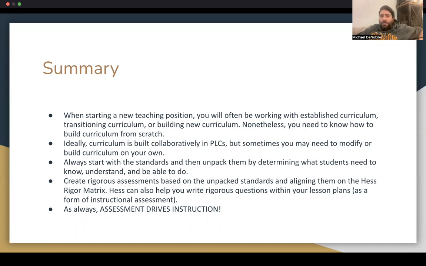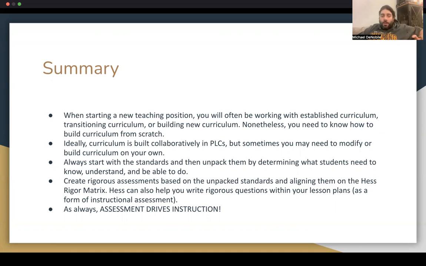I have the Hess Rigor Matrix out there because it's going to help me make those choices, making sure that my tasks and my questions and assessments are at the level of rigor I need them to be in order for students to achieve those standards. And as always, this is another way of demonstrating that assessment drives instruction.